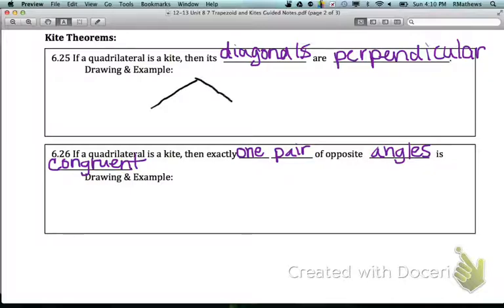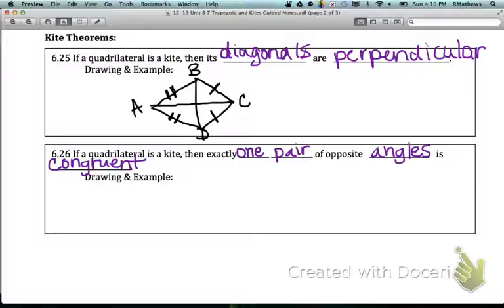So let me draw a kite. And we know from the definition of a kite that two pairs of consecutive sides are congruent. That's what makes something a kite. So we'll call this kite ABCD, and we will draw its diagonals. That was a disaster.